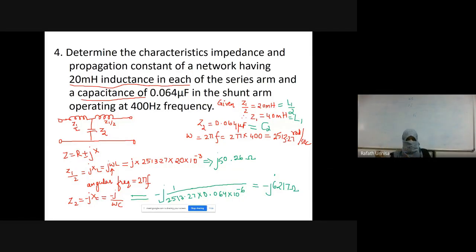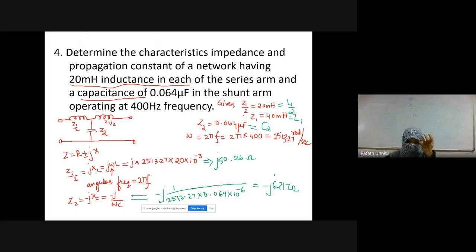I have converted the given L and C values in terms of Z1 and Z2. Now it is simple. We make use of the same formula of ZOT and proceed by substituting these values.